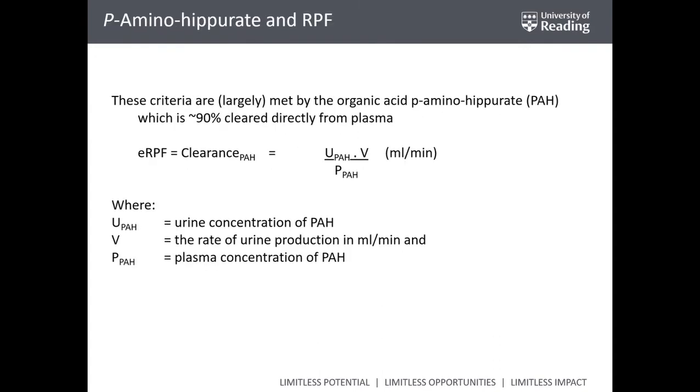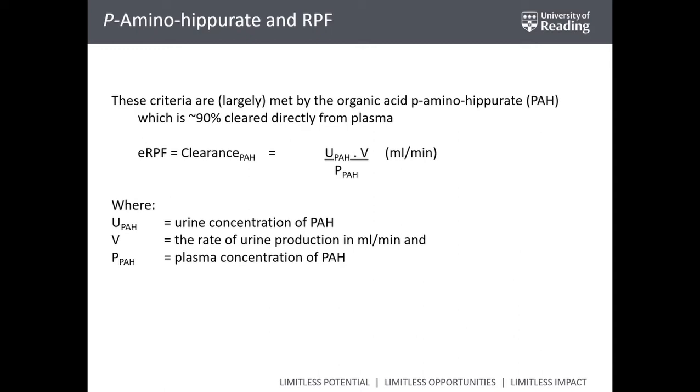So the clearance of a substance that is freely filtered, secreted but not reabsorbed, and doesn't alter the renal metabolism corresponds to the effective renal plasma flow. And this is the case of para-aminohippurate. Para-aminohippurate is freely filtered, is secreted but not reabsorbed, and it doesn't affect the renal metabolism.